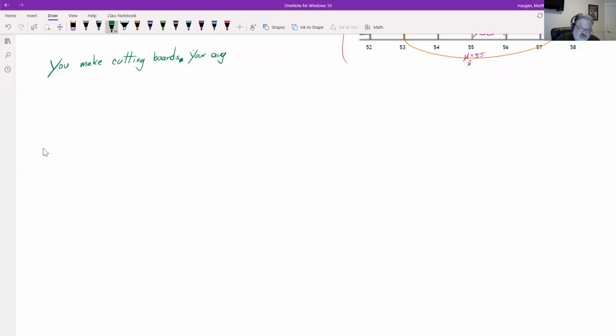Your average cutting board is, oh, I don't know, how about 16 inches long, just kind of small actually, with a standard deviation of, let's make that fairly large, 8 inches.